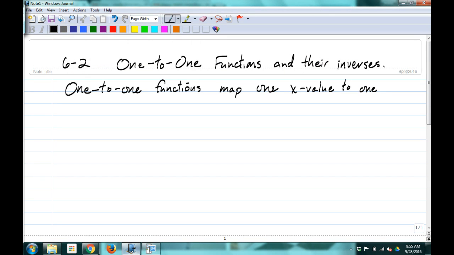All right, so we're mapping one x value to one y value. What does that mean? Well, to be a function, what cannot repeat? X values do not repeat.